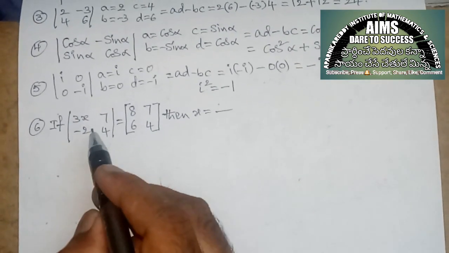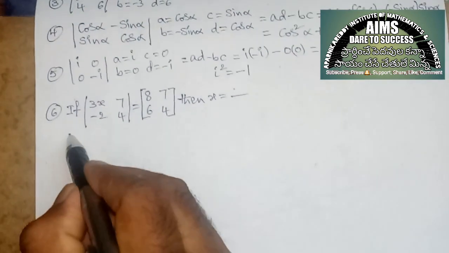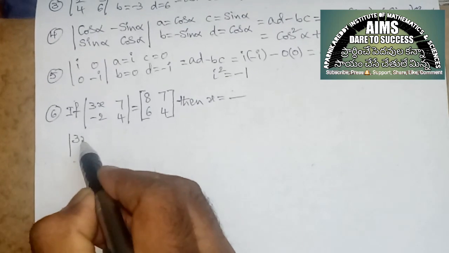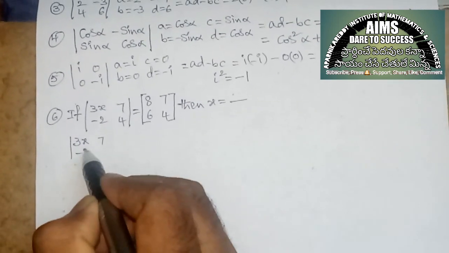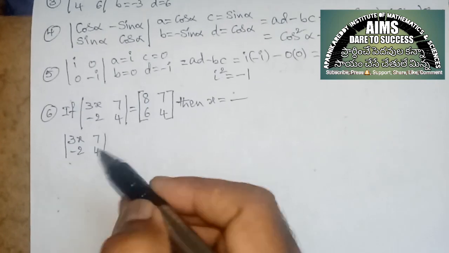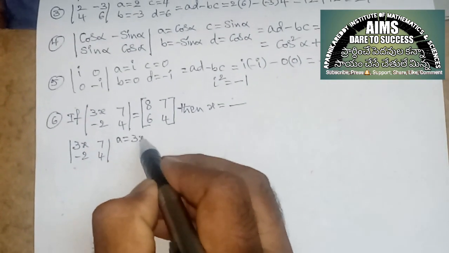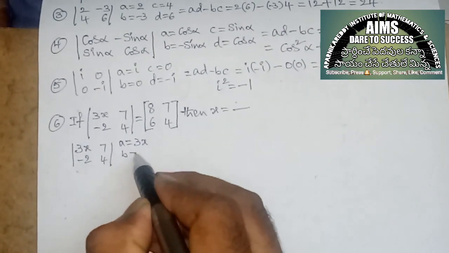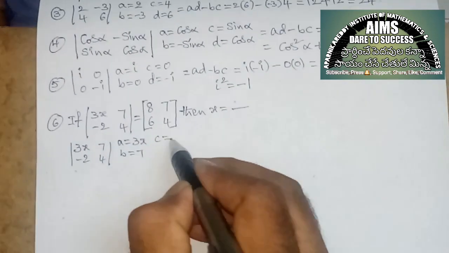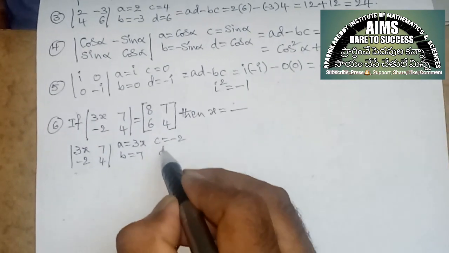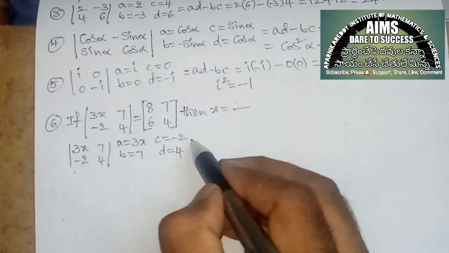Left side value is det. So I wanted to write the same value 3x, 7, minus 2, 4. It is related to det. I wanted to write the ABCD values. A is equal to 3x, B is equal to 7, C is equal to minus 2, and at the last D is equal to 4.